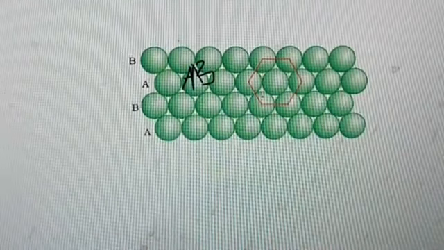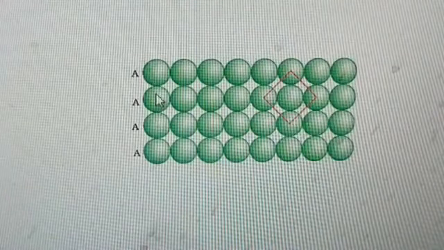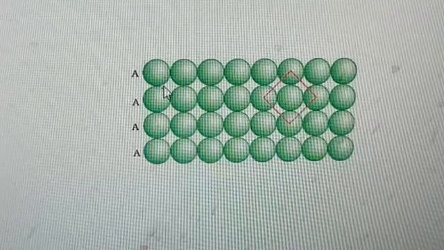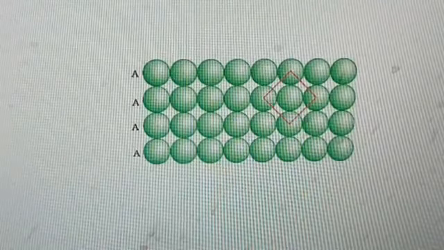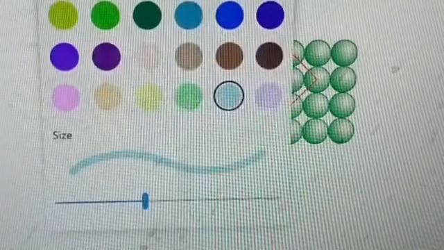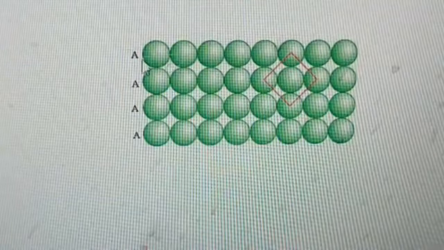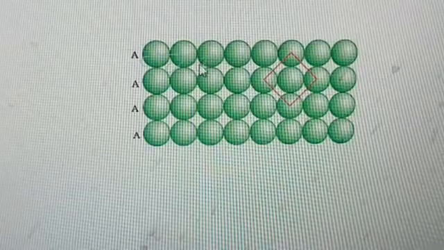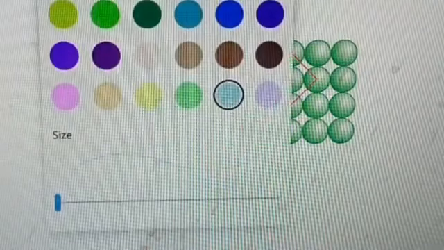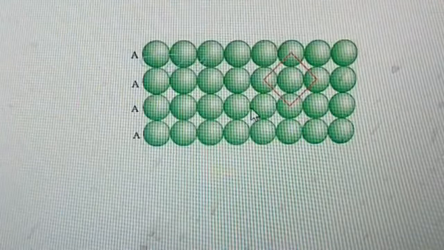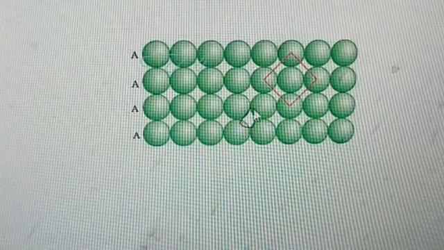Because in the AA arrangement, there is a lot more gap. See here, if we observe, this is a gap, and this is a gap. This gap is there, no? You can clearly see this gap here.